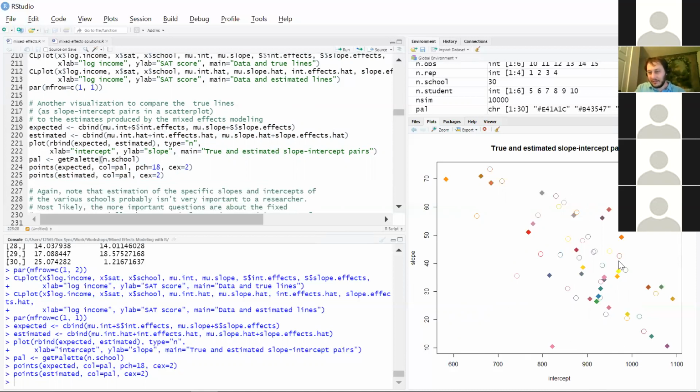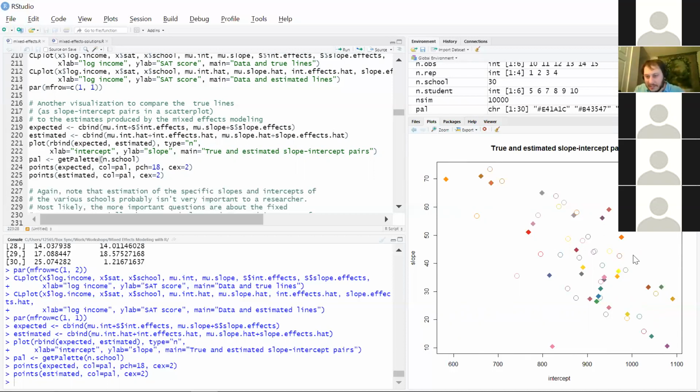There are 30 solid diamonds, one for every school. It's got its own intercept and its own slope, and I know them because they were used in simulating the data. And I'm also drawing points of every school's estimated slope and intercept and coloring them the same color, just so you can see if they're lining up.